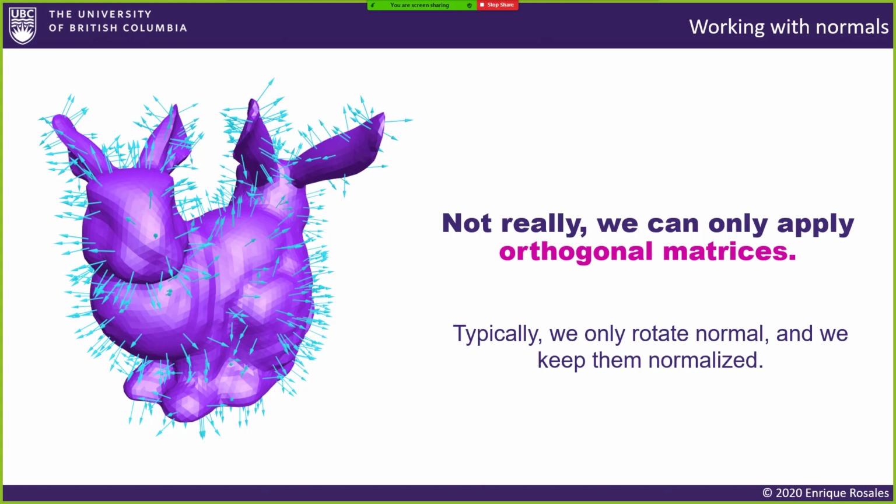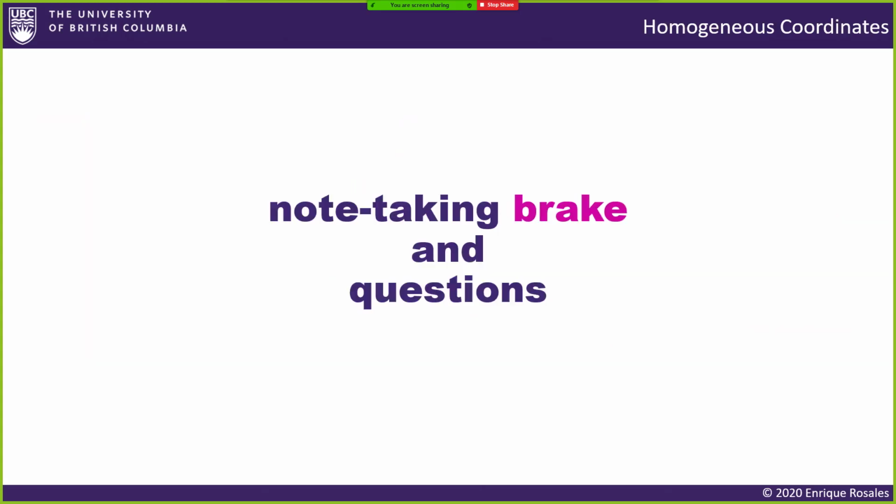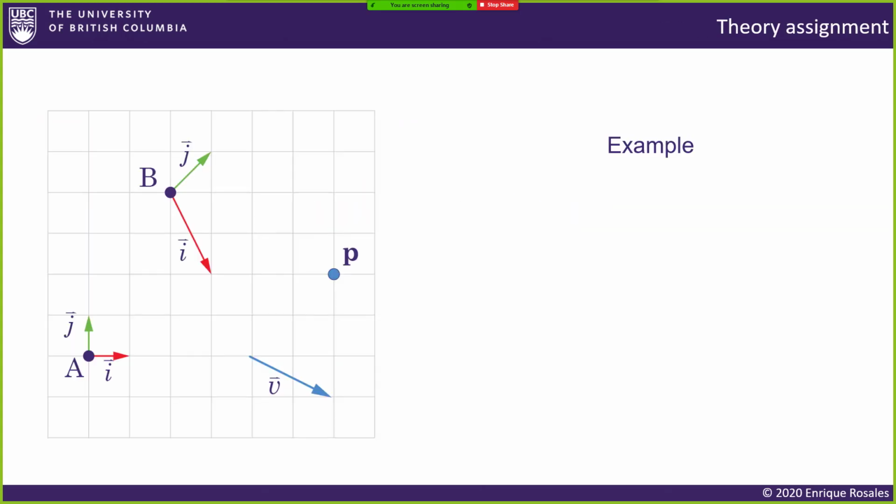Okay, so we had another pause here for questions, and here I had the last part of our lecture today, which is basically an example of the first question of your theory assignment. Sadly, we don't have any time, because we are passing the time.